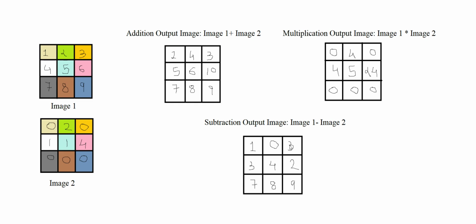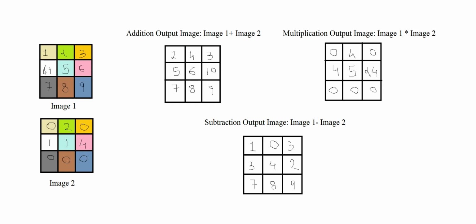You probably have a question: what if I get a negative number? Just remember that if a number is negative, by default Python takes that number as the minimum value, which in our case is 0. So if you get minus 3, minus 2, minus 1, minus 255, OpenCV considers this number as 0.